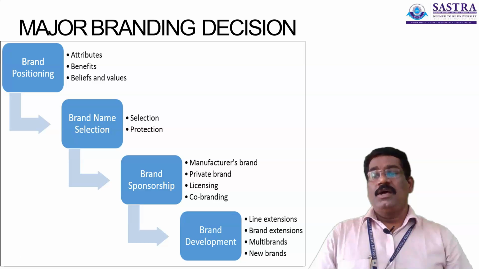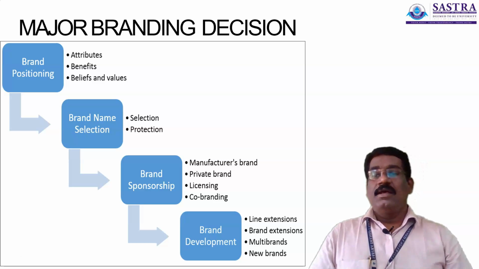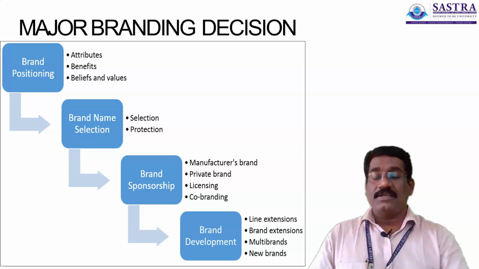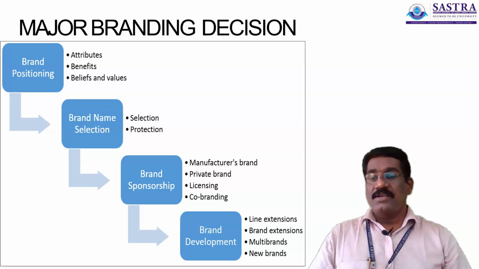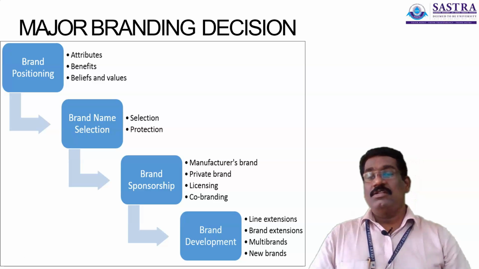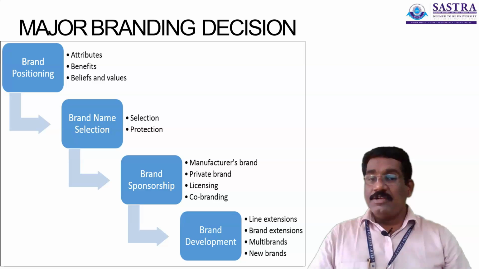First, to start with, any decision about a brand is about clearly identifying the attributes associated with that particular product and that respective brand, what the respective benefits are, and what beliefs and values we are trying to communicate to the customer.